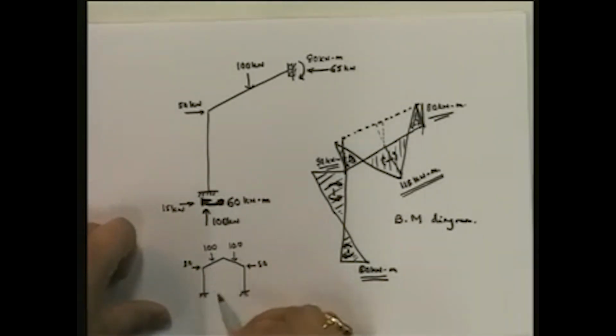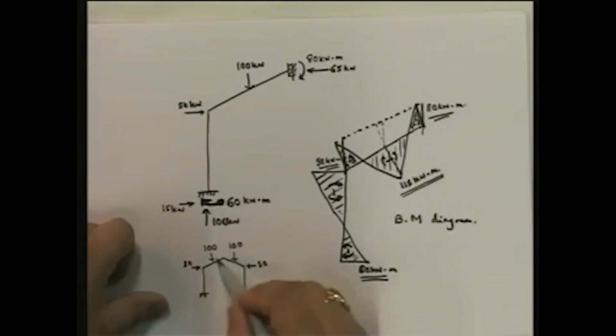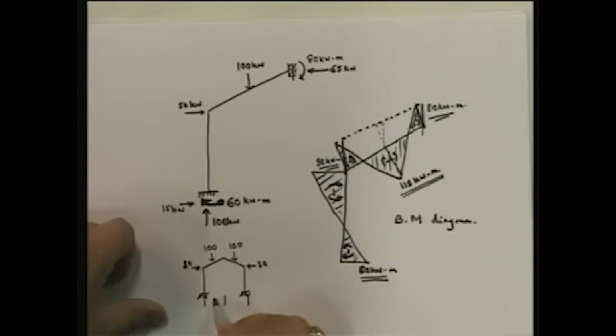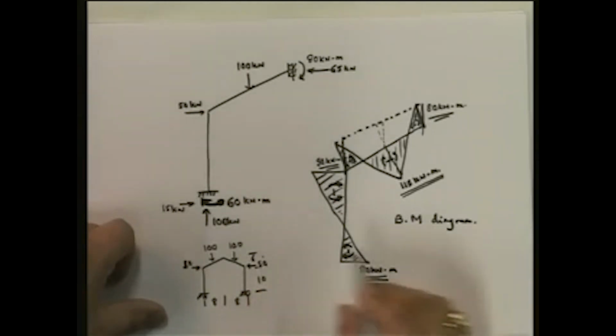This portal frame problem with vertical loads of 100 uniformly distributed and equal and opposite lateral load of 50-50, essentially using the fact that this structure here again, this would be 8, 8, this would be 10 and this would be 6.